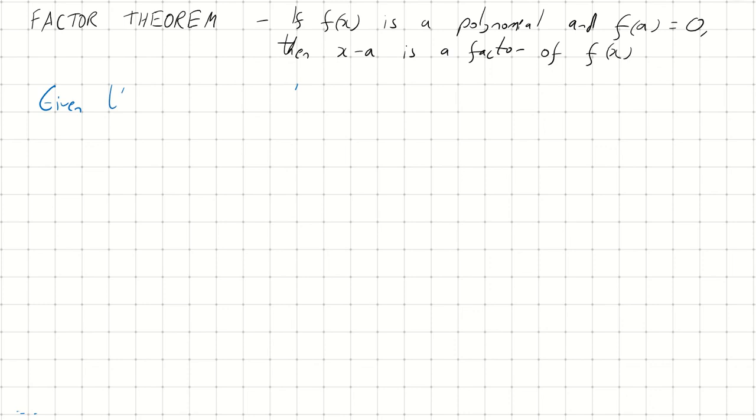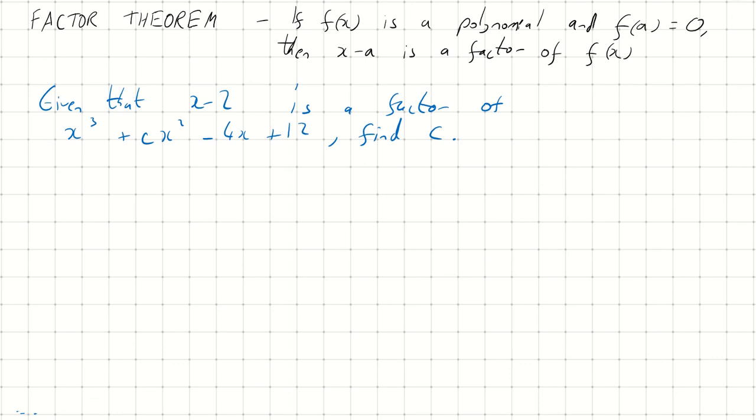Given that x minus 2 is a factor of x cubed plus cx squared minus 4x plus 12, find c.